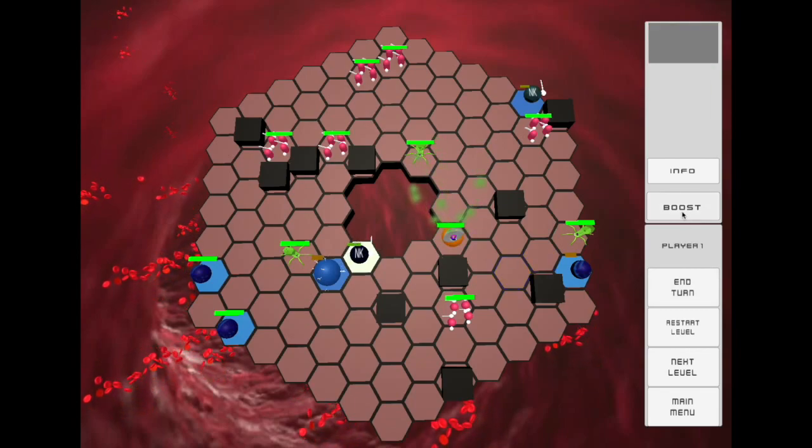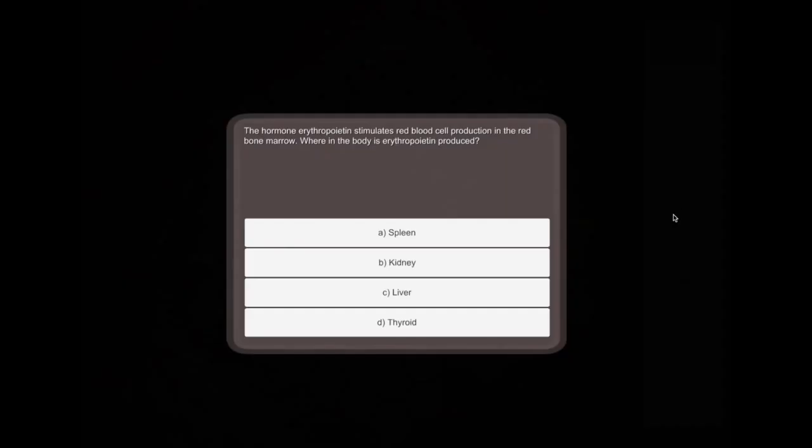So this boost function allows you to take a gamble on a question, and if you get it right, your troops get a bonus, and if you get it wrong, the pathogens get a bonus. And this gives a little reward and cost to an element of learning, which is another important design theory. If the learner makes an incorrect response, there should be a small penalty. Nothing so severe as a character death or starting over, but just a small penalty.